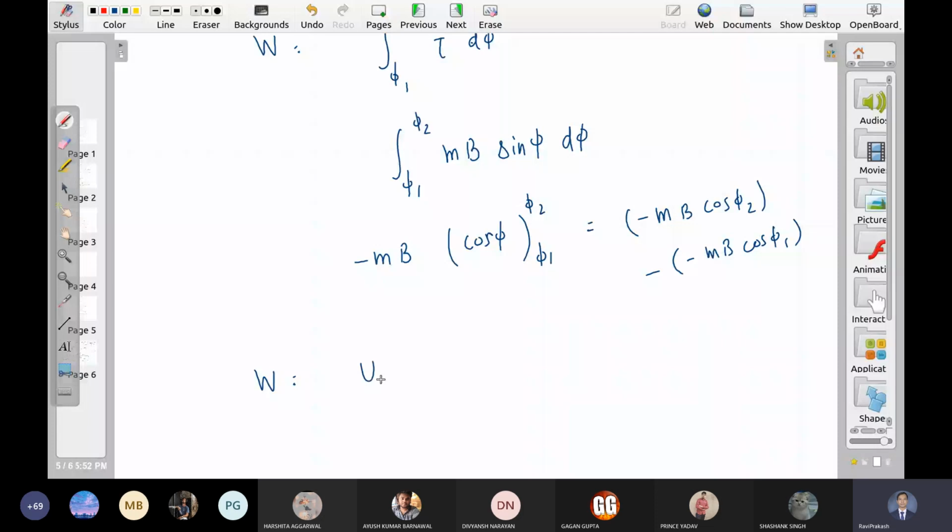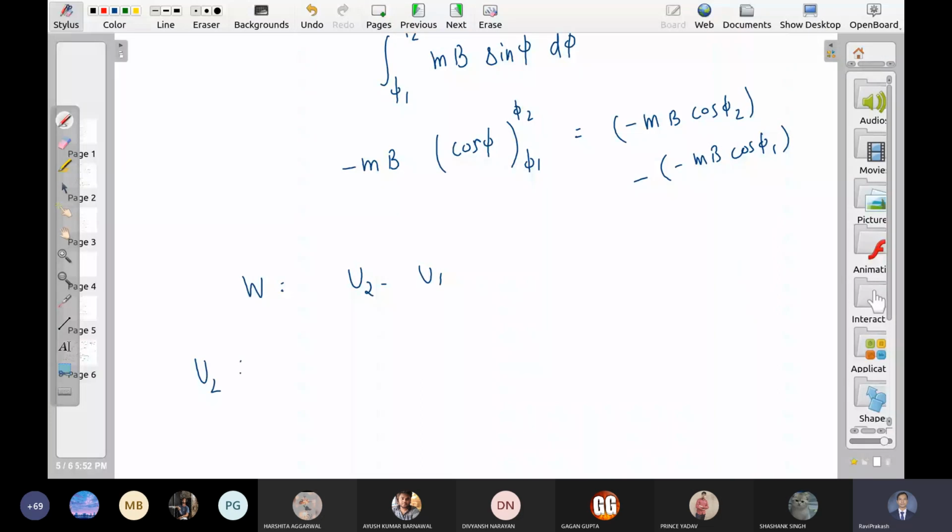W is equal to U2 minus U1. What is U2? U2 is the energy at angle phi 2. U1 is the energy at angle phi 1. What is U2?